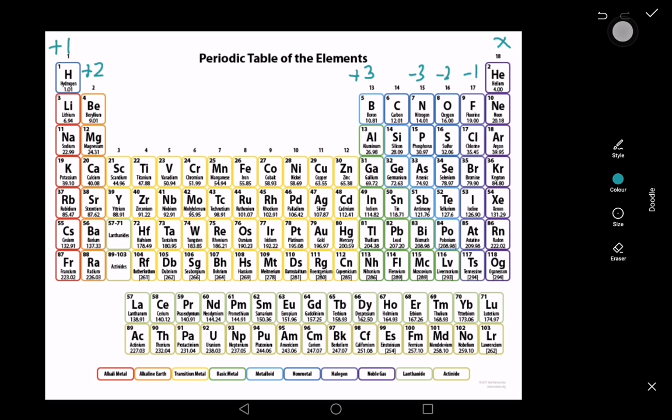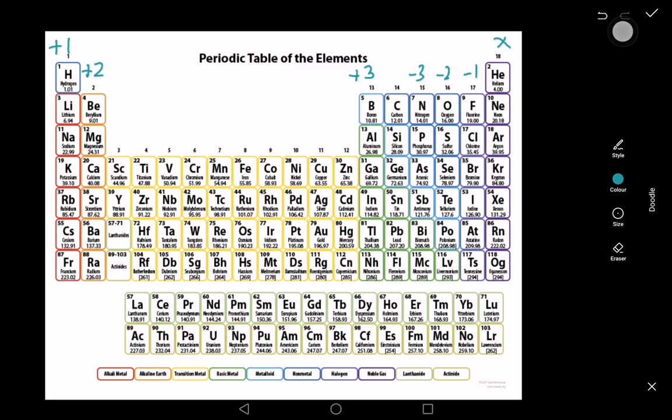Next, we move to the transition metals. Transition metals are special. They can have more than 1 oxidation number, so they can have more charges.